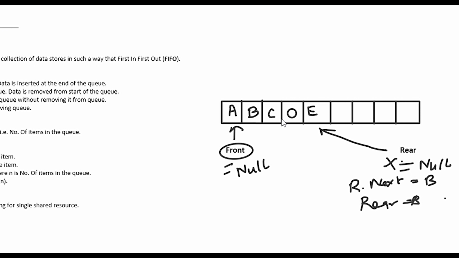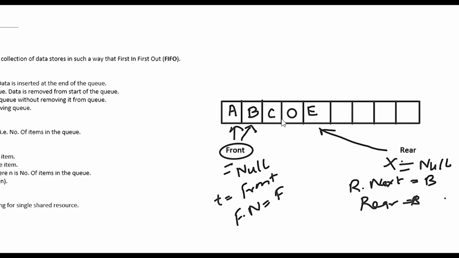Okay, if there is any element, say a, then what will we do? We get the data from the front into a temporary variable to store it and return it later. And front next will be the new front. Okay, so front next is this one.